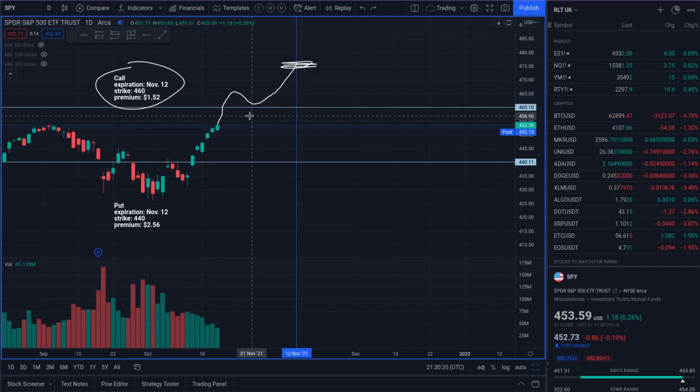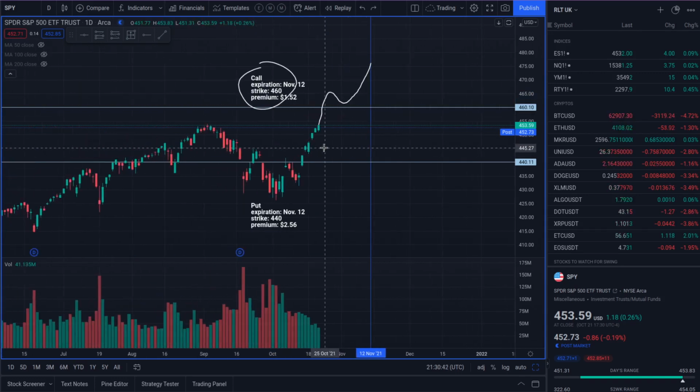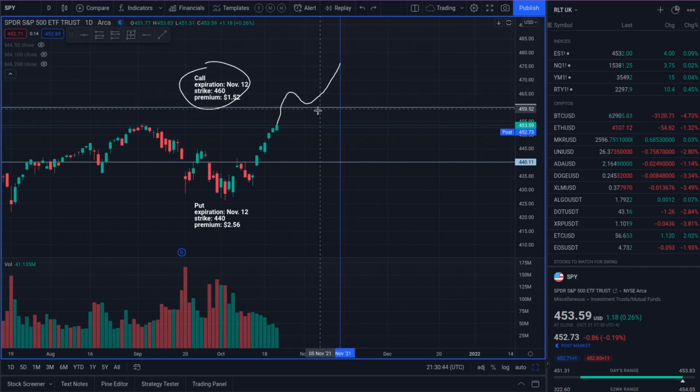That's actually a massive return. That's why this is so attractive to some people, because if you buy at the right moment and the correct thing happens, you can book almost 10 times return. So yeah, that's the call.